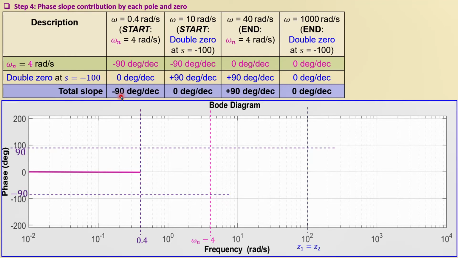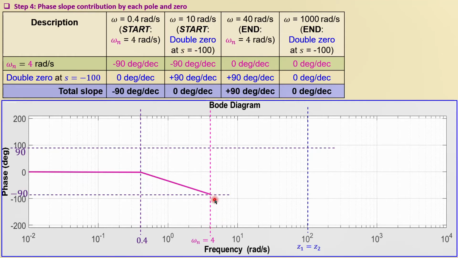But now we will see a decrease of minus 90 degrees per decade up to 10 radians per second. So I have to go down. This is the first segment, from 0.4 to 4, which is 1 decade above. So you need to go down by 90 degrees: we started at 0 degrees and we go down to minus 90 degrees if you increase your frequency by 1 decade.